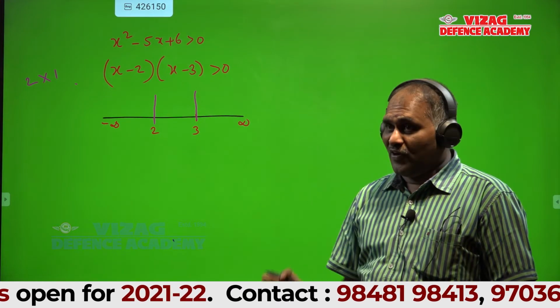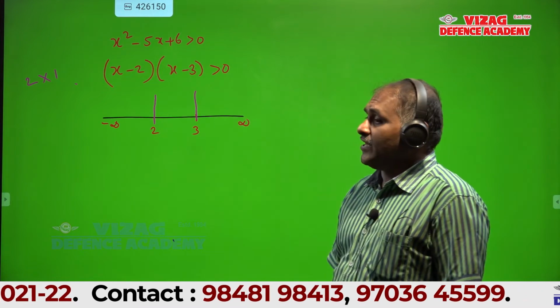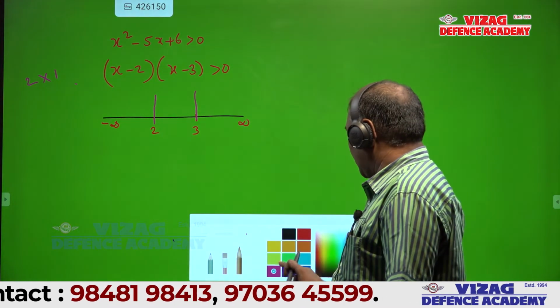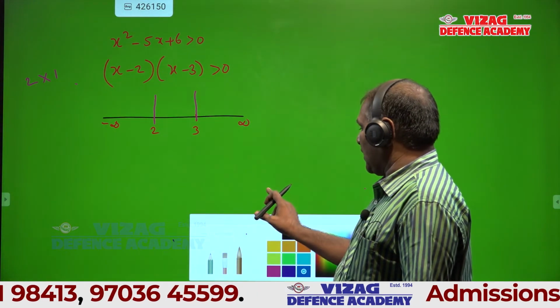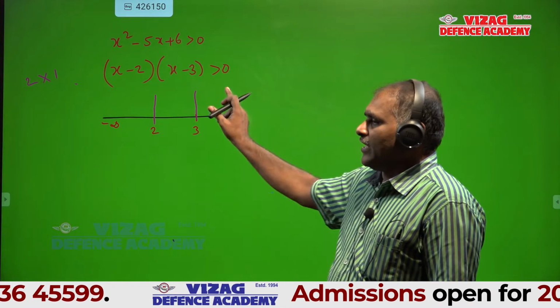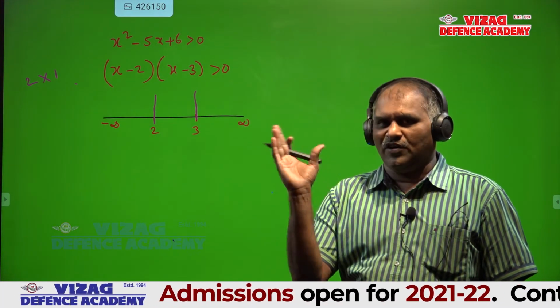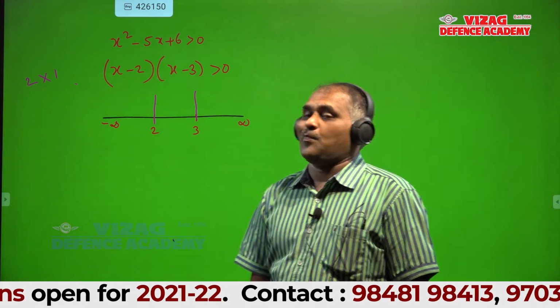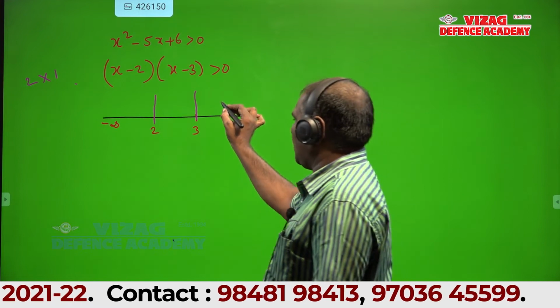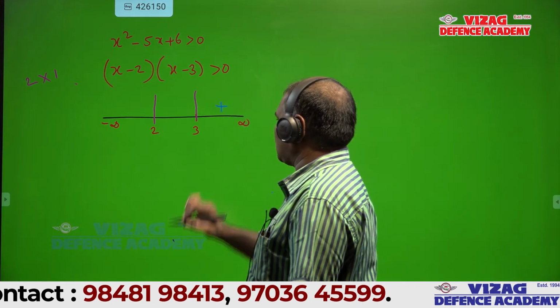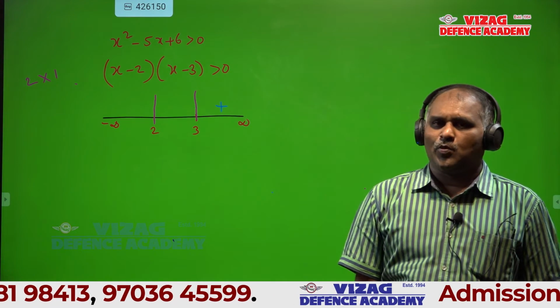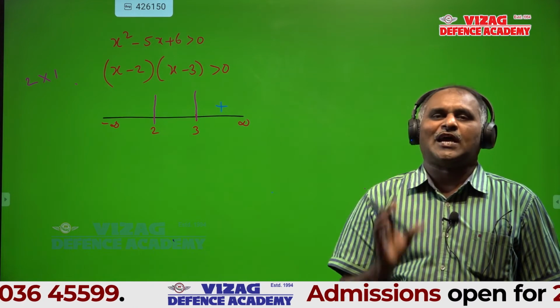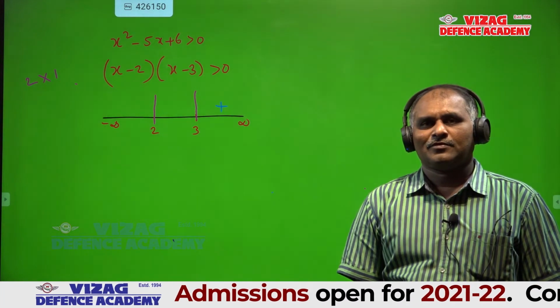Therefore, any real number you can take in between, any real number from 3 to infinity, this quadratic is positive. That's why I write the positive symbol. Do you understand? Yes, sir.